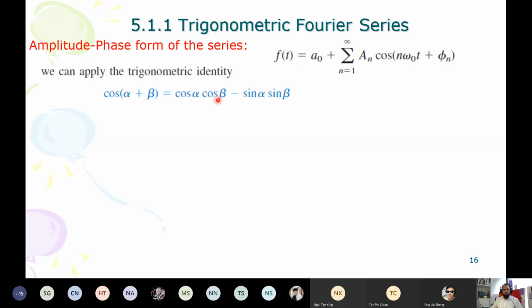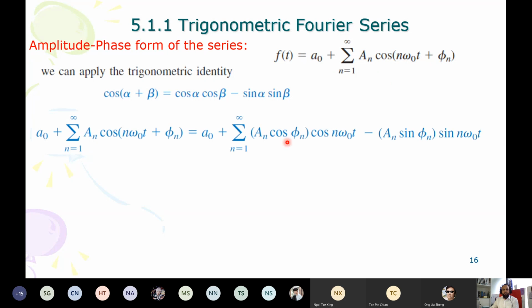So cos alpha cos beta minus sin alpha sin beta. Okay, so this is cos alpha plus beta.